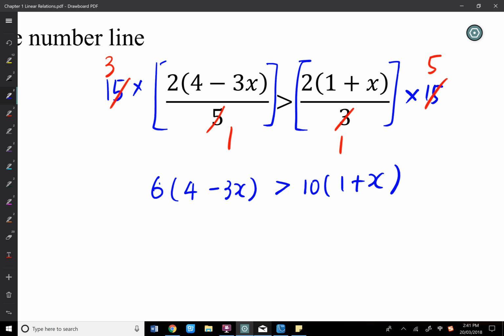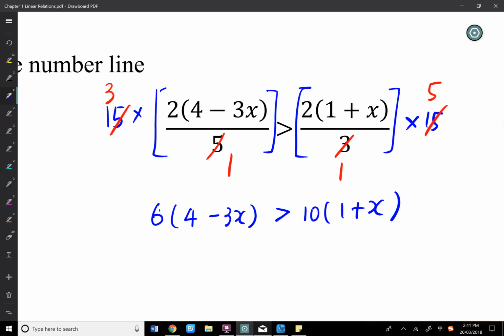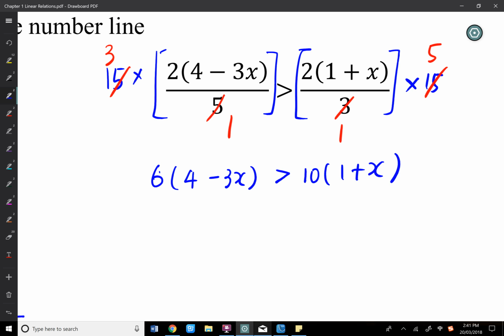Which one? You can't decide which one goes on which side. If you go cross multiplication, this one can go on that side. Which one do you multiply, and how do you decide which side? It's only the sign.